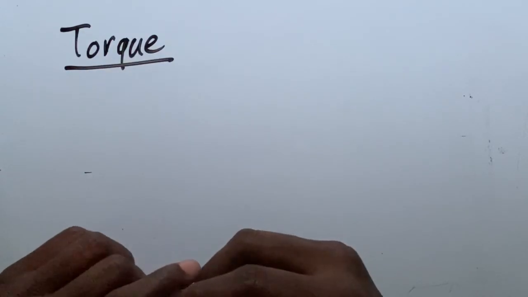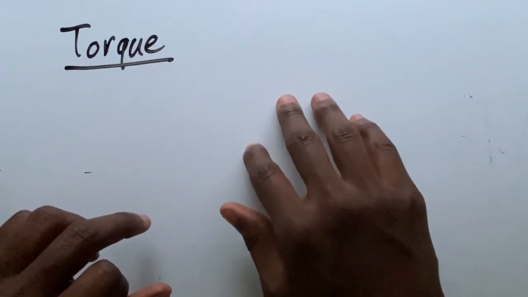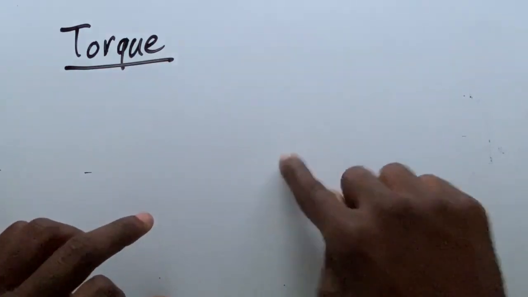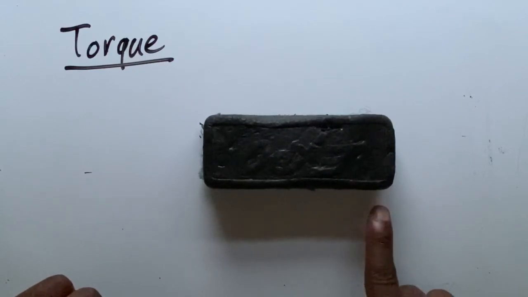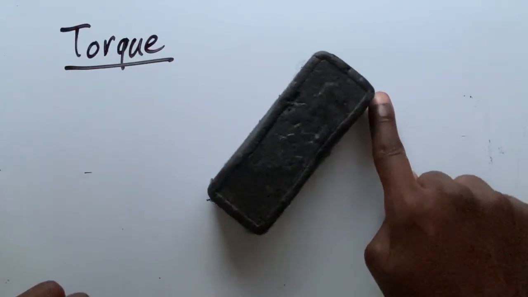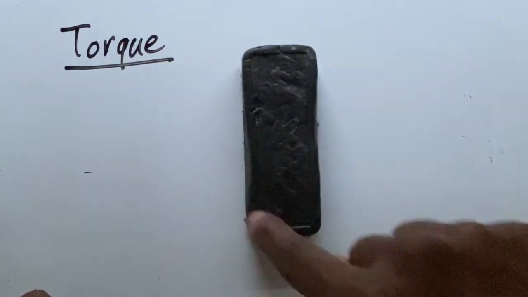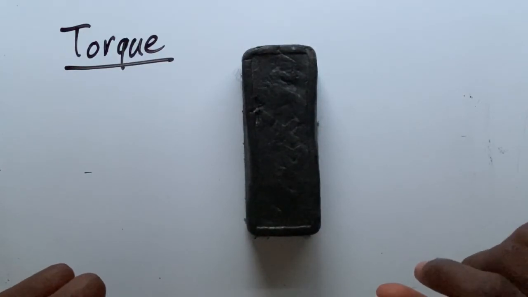So first, torque is basically what happens when you apply a force to something and that object begins to spin. So if I have this eraser here, and I apply a force on this end, it's gonna begin to twist around, and then that twist around is what we call the torque, okay?